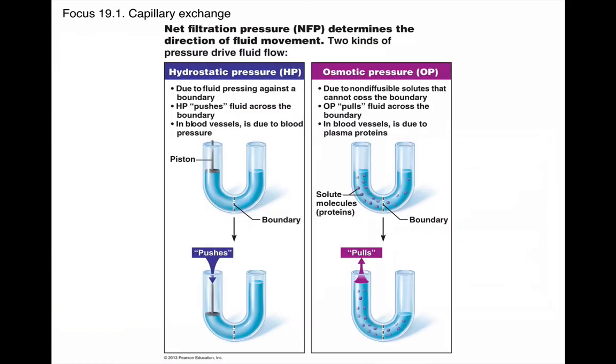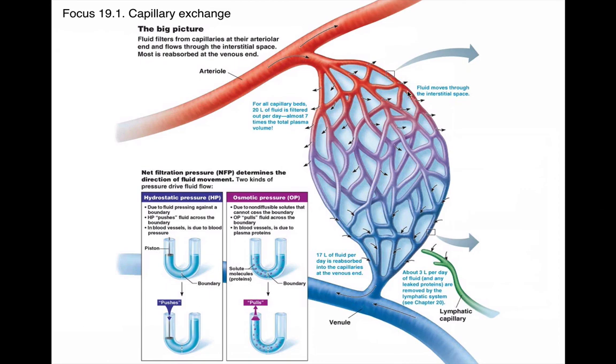So when the blood is closer to the arteriolar side, you see a net out of fluid leaving the capillary bed, and then on the venular side, a net in, where wastes, particularly, but also hormones and foods and other stuff like that are going to be entering the bloodstream.